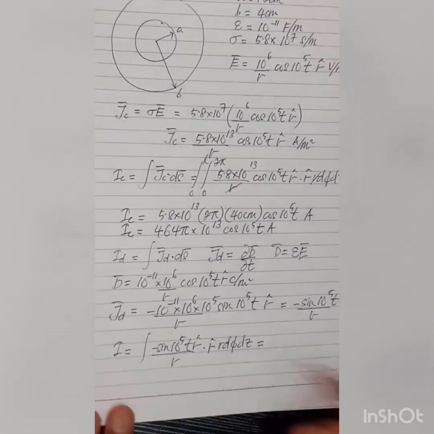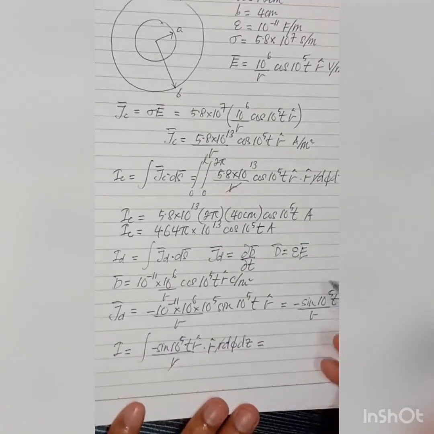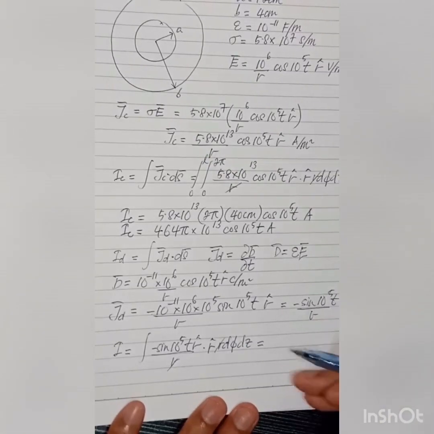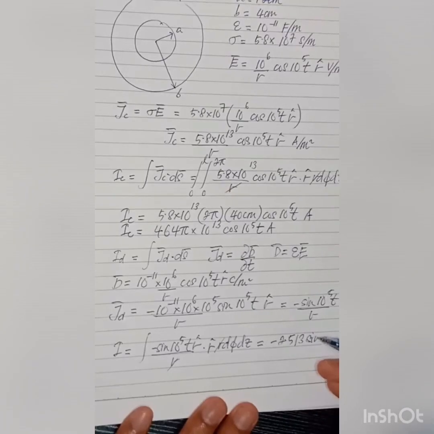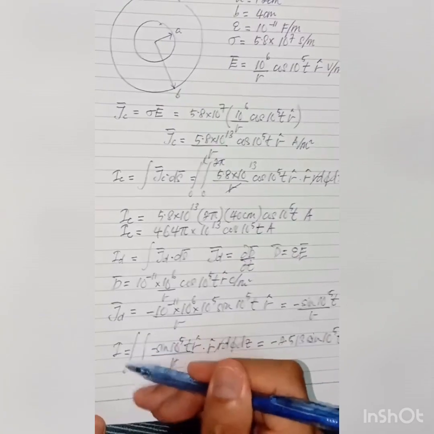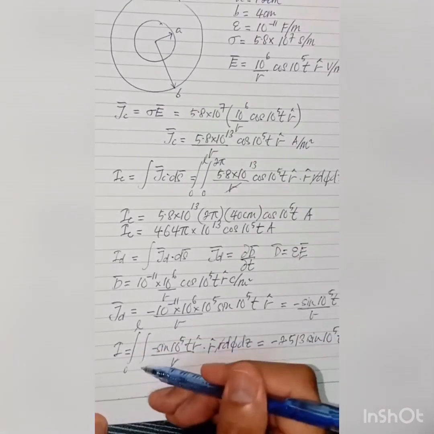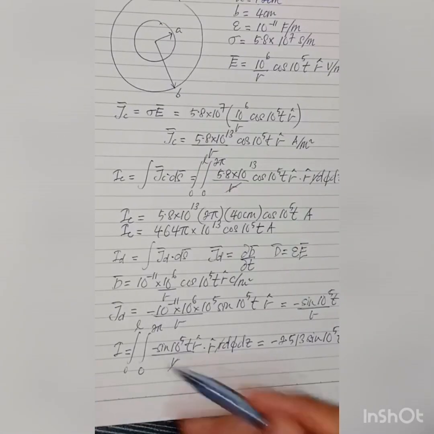So you can simply delete this r down here, this r up there, and you can proceed whereby you're gonna have this value of negative 2.513 sine 10 power of 5 t ampere. Yes, so the limit here, we know that z from 0 to L, and also phi from 0 to 2 pi. Okay guys, that's our ID.